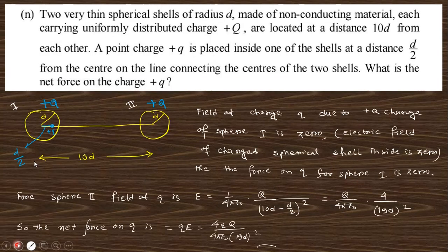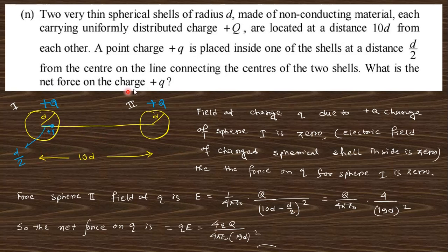Next question. Two very thin spherical shells of radius d, made of non-conducting material, each carrying uniformly distributed charge plus q, are located at a distance 10d from each other. These are the two spherical shells whose charge is given on the surface, that is plus q, and a small charge q is placed inside one shell at a distance d by 2 from the center, on the line containing the centers.